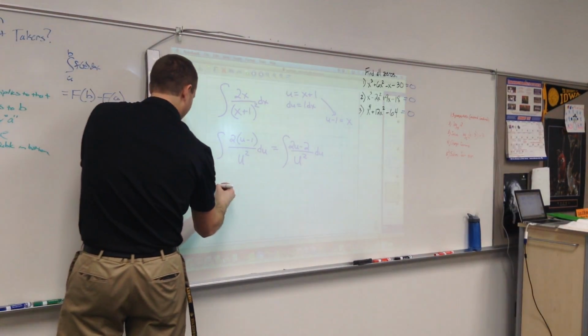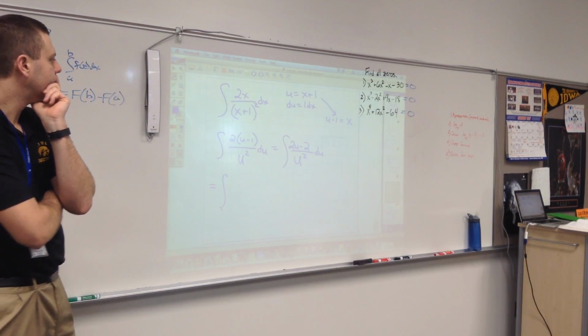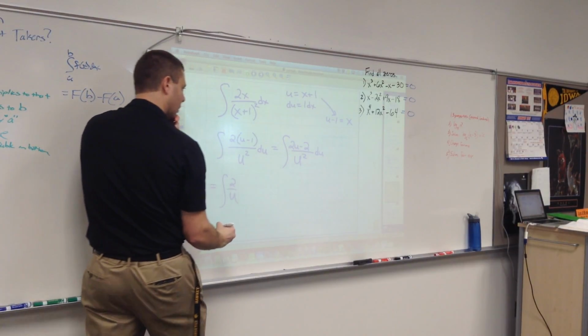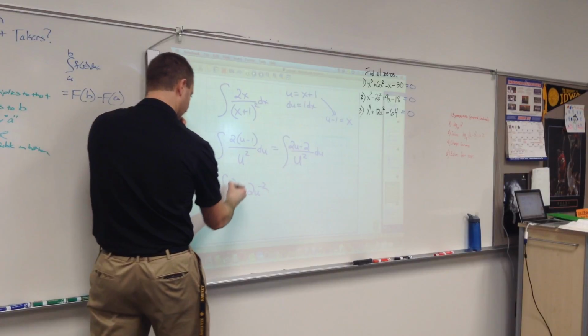Then we can simplify that. The antiderivative of 2 over u minus 2u to the negative 2 power.